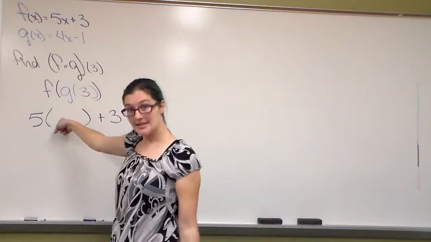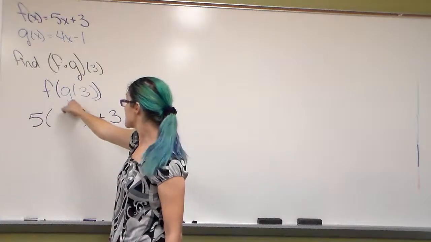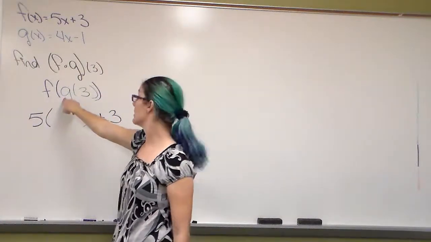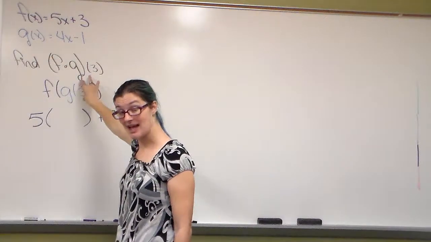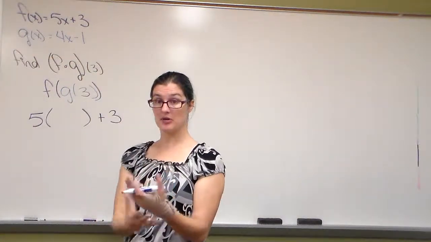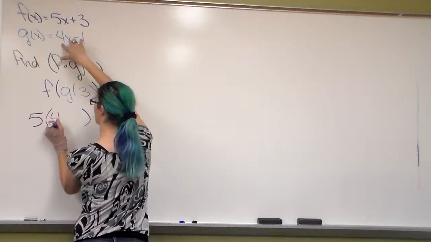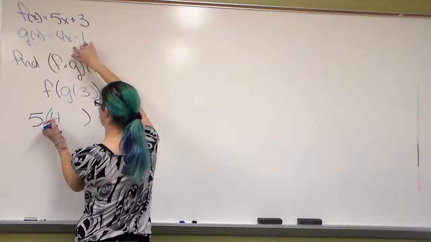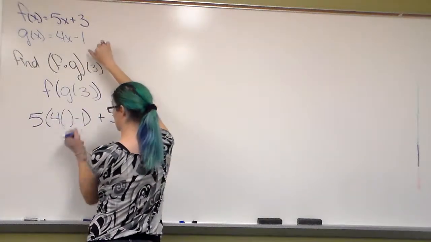Then inside the parentheses, I'm going to put what's inside the parentheses here. Inside the parentheses here, it starts with a g. So I'm going to put g. But instead of an x, I'm going to put the open parentheses again. So g, we have a 4 times x, which x is not an x, minus 1.